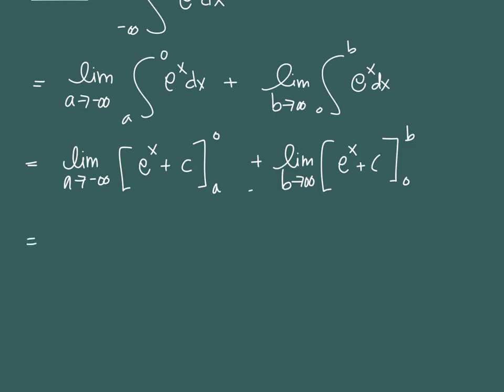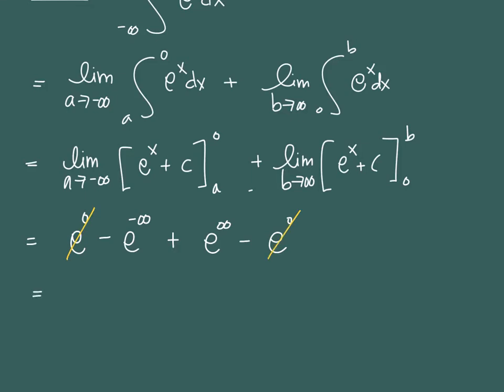And so we can really do all of this at once. e to the 0 minus e to the a, but e to the a was negative infinity, plus e to the b, but e to the b is positive infinity, and then minus e to the 0. So I've got e to the 0 in the front, e to the 0 in the back.